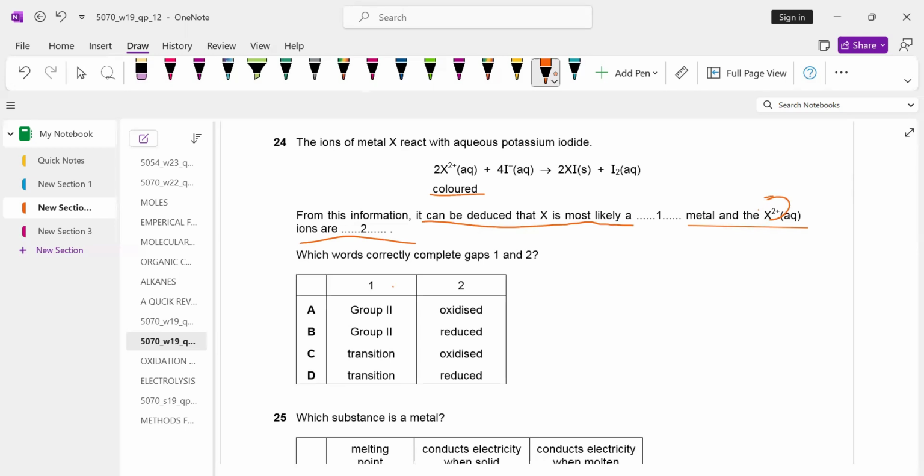So group 1, group 2, no. Transition metals have colored compounds, and the X2+ is being oxidized or reduced. So one of them would be correct. It is being reduced. So option D is correct for question number 24.